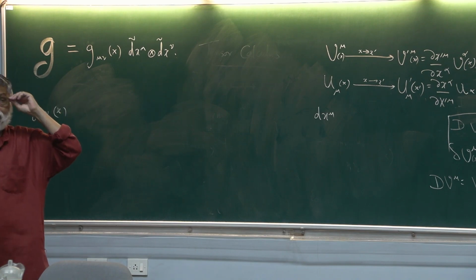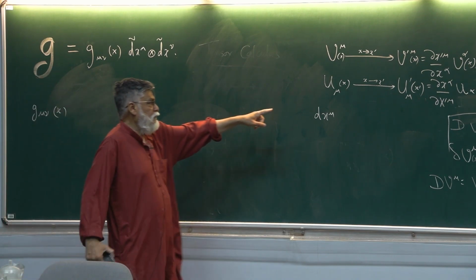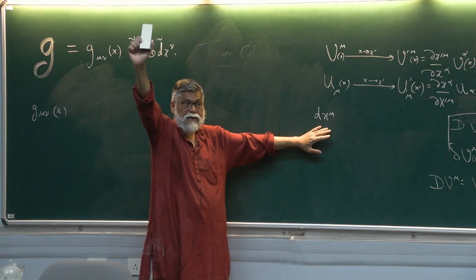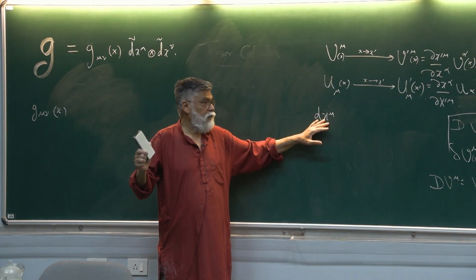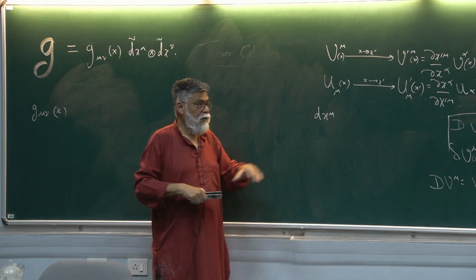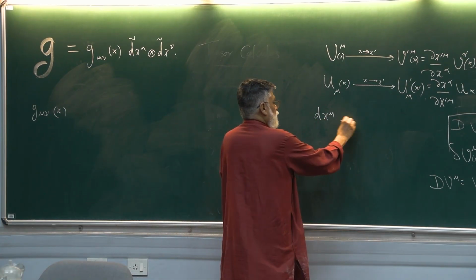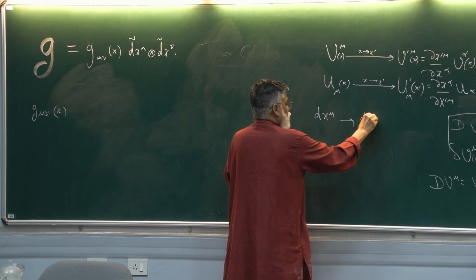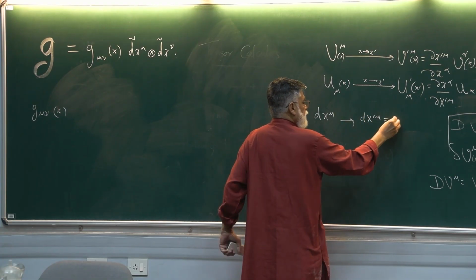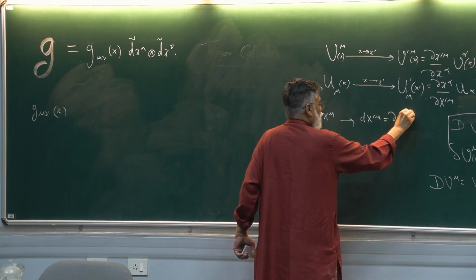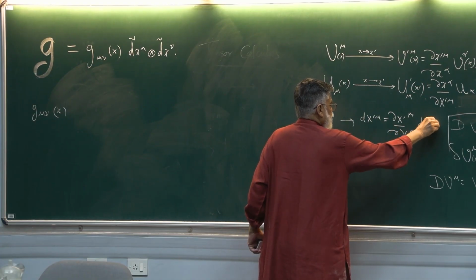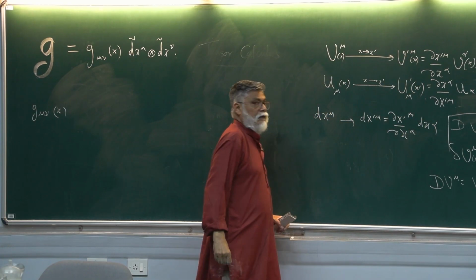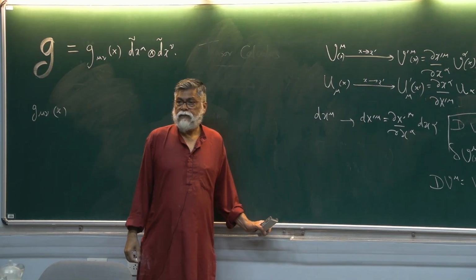So dx mu is not d tilde. d tilde x mu is a one form. dx mu is a contravariant vector. Why? Because dx prime mu, by definition, is del x prime mu by del x alpha dx alpha, so it transforms like a contravariant vector.